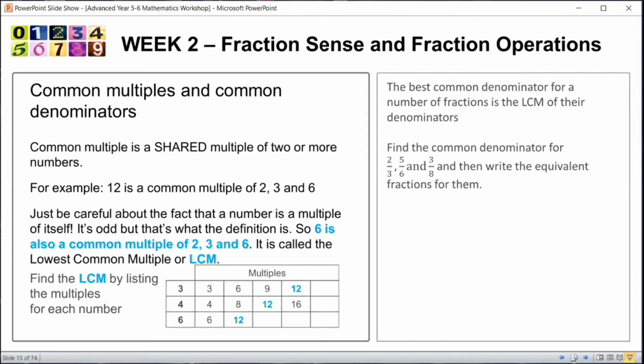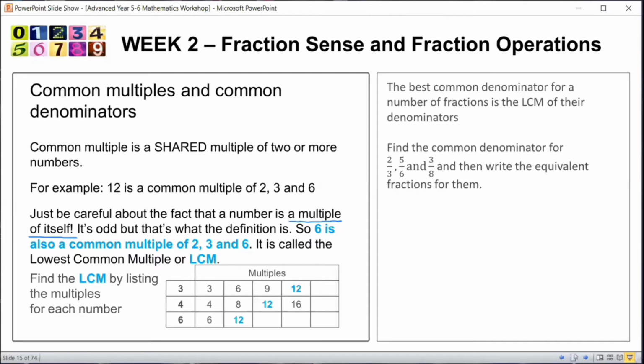Now, be careful. A number is a multiple of itself. So that is something you must remember. It's a bit strange, and some people don't like it, but that's what it is.